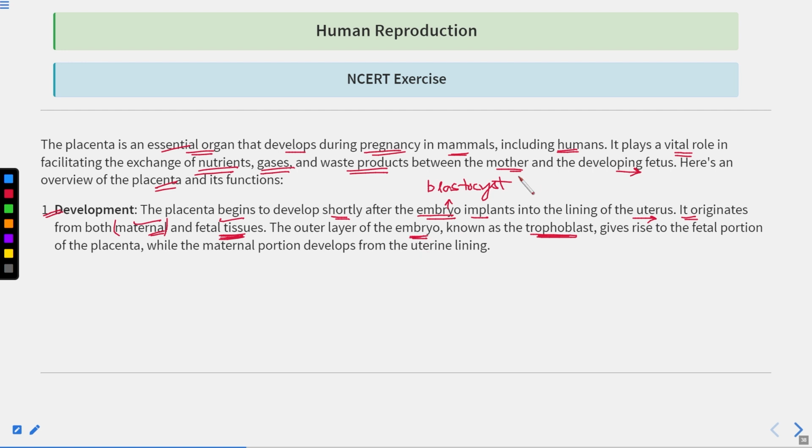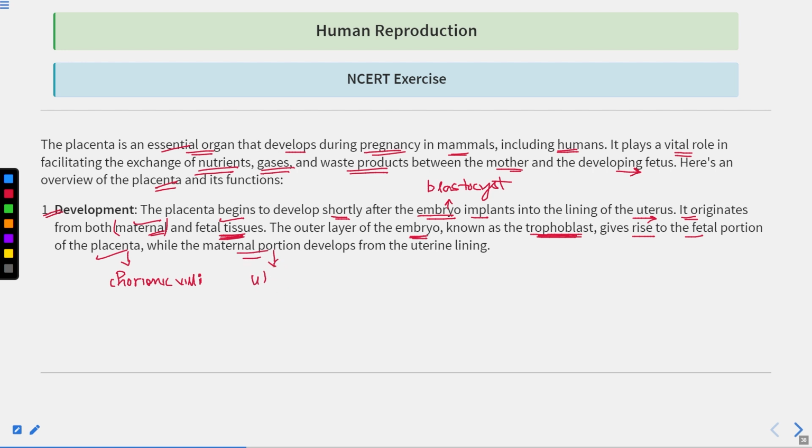Again, the outer layer of the blastocyst, known as the trophoblast, gives rise to the fetal portion of the placenta, which is known as the chorionic villi. I've already told you, from the trophoblast finger-like projections arise that are known as chorionic villi, and these chorionic villi become interdigitated with the maternal portion.